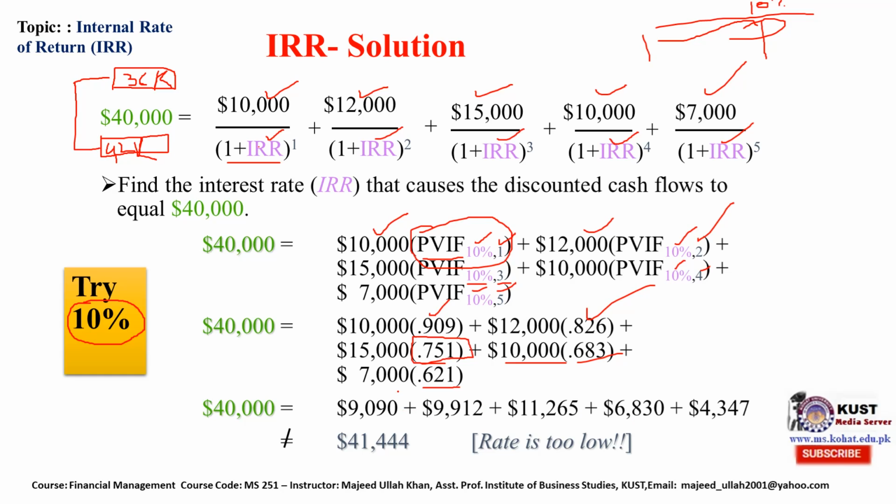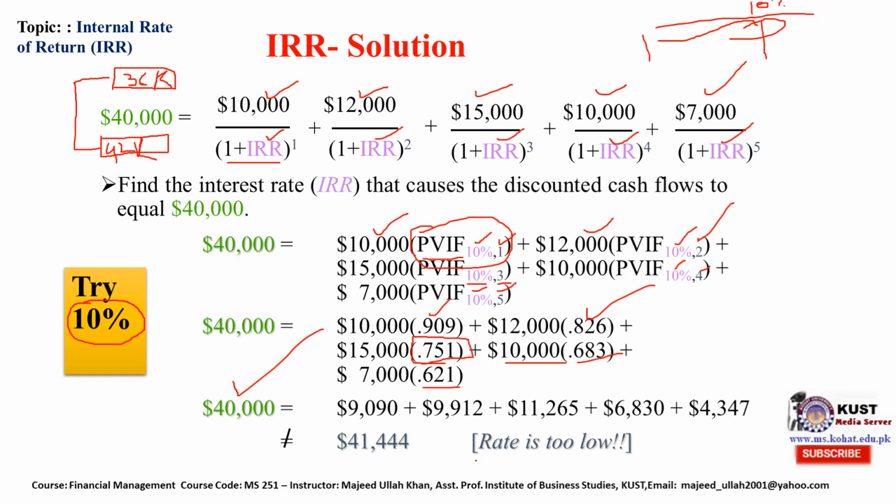Now when we add the present values of all the cash flows, it becomes $41,444, which is not equal to 40,000. So it is greater than 40,000.